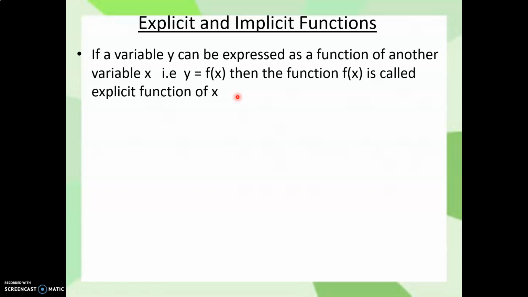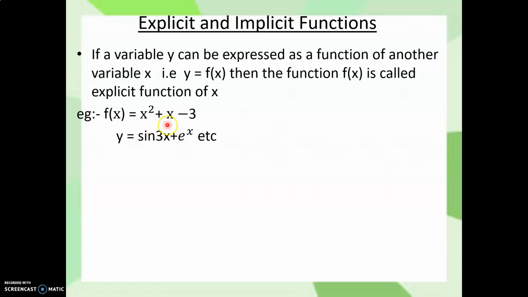So in those cases, we have done derivatives of explicit functions. That means the functions are of the form f of x is equal to x square plus x minus 3, y equal to sine 3x plus e raised to x, etc. are called explicit functions. Here on the right hand side you can see the function in one variable.